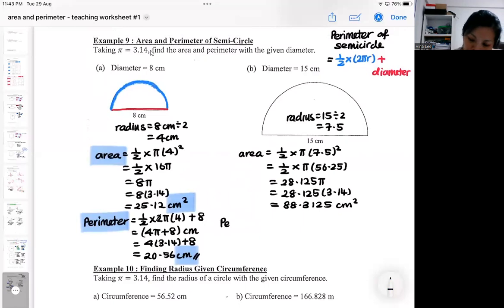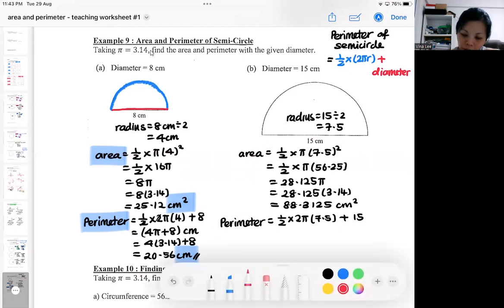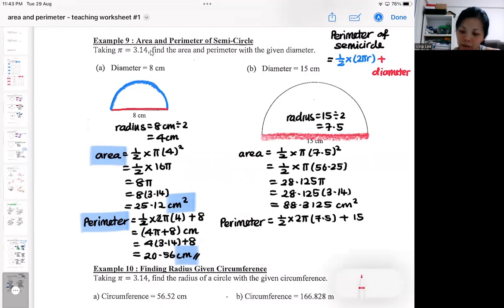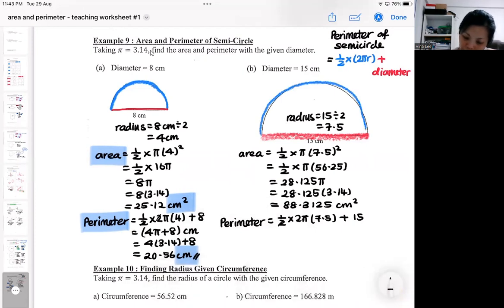For the perimeter, I will need half the circumference. That means the half the circular part. And remember to add the diameter, because the diameter is an edge. So you need to add this and the circular part. Then that will be the full perimeter. So I can cancel the pi. No, sorry, not cancel the pi. I need to cancel the 2.